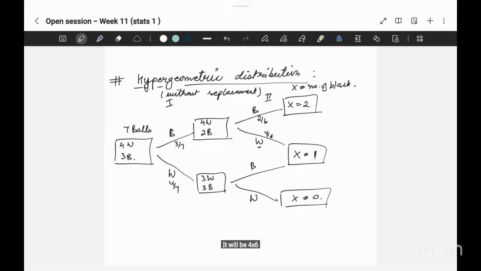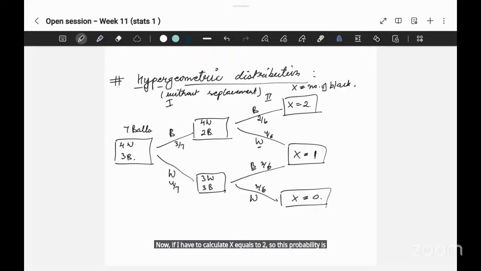Now for this case, it will be 3/6. And the last one, the same, 3/6. Correct.